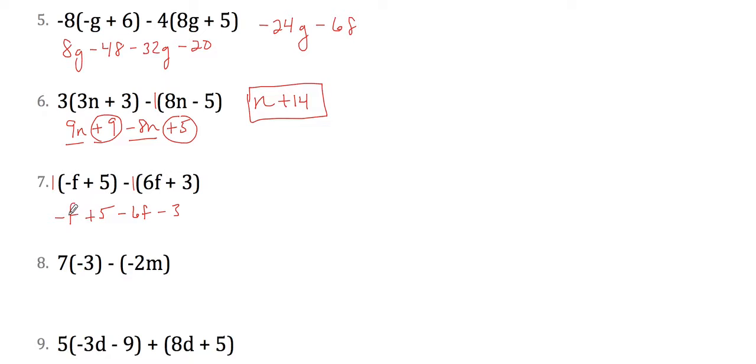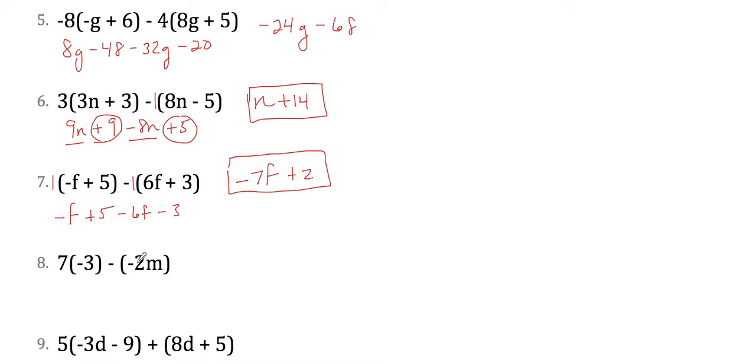Negative 1 minus 6 is negative 7. So that's negative 7f. And then 5 minus 3 is positive 2. So negative 7f plus 2.